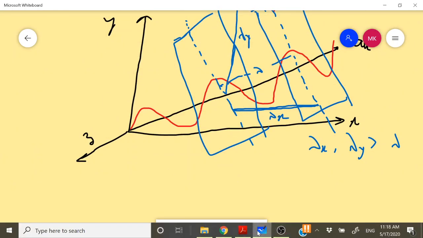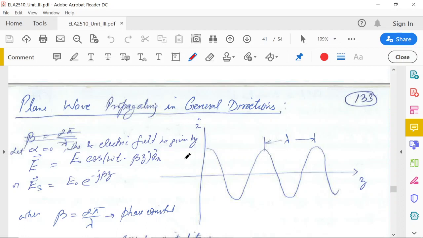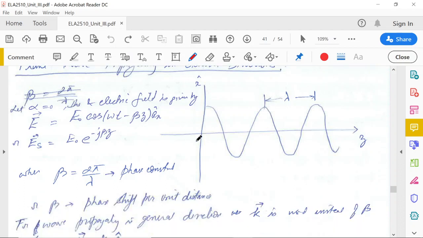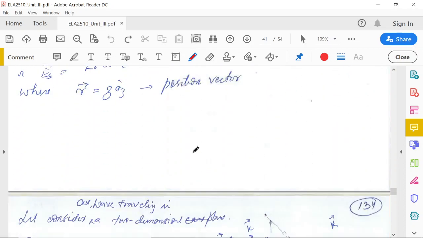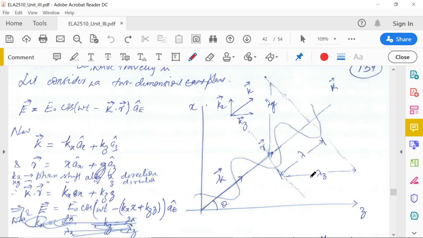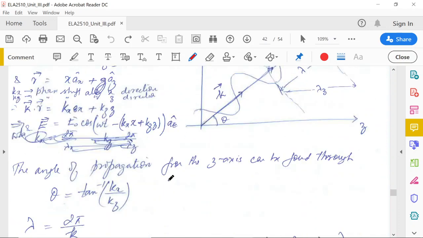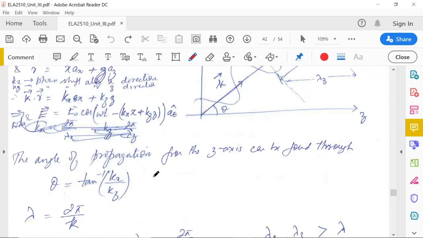So this is what we have covered in the first part. This is all explained here, so you can write lambda x and lambda z, you can go through this one and we can find this.